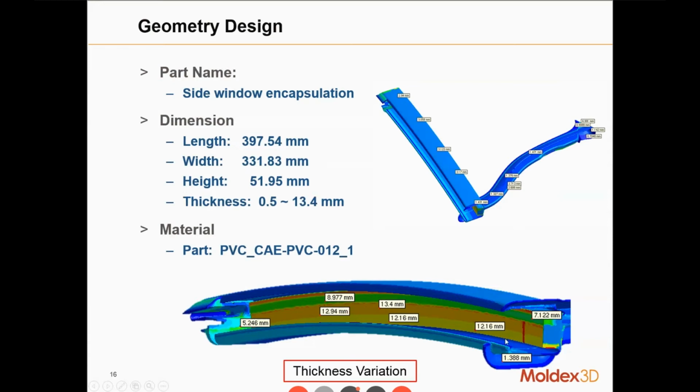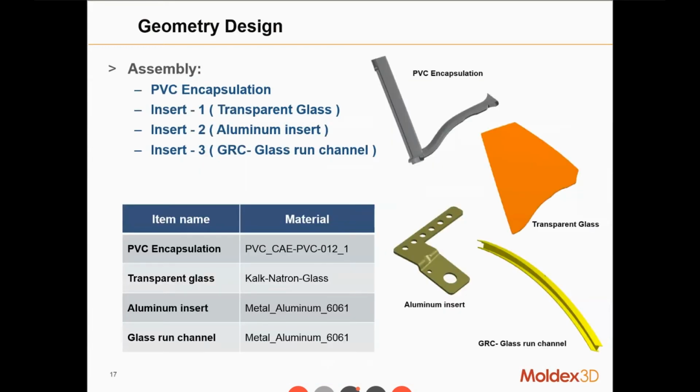You can see the thickness variation here. This region has very thick sections at 13.4 millimeters, while the other places are very thin by comparison. Actually, this is an assembly product.